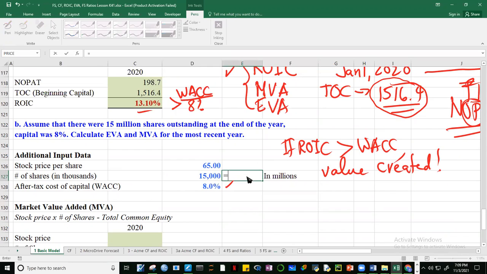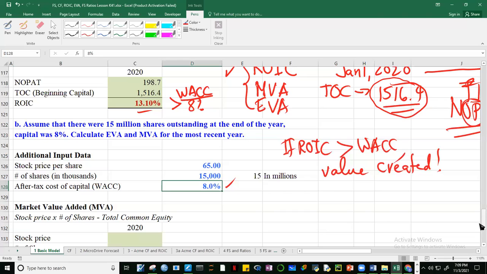In fact, nakasulat na pala dito, 15 million shares outstanding. So tama to guys. Just to be consistent, this should have been expressed in millions to be consistent with the balance sheet and income statement figures. And we're given the WACC at 8%.